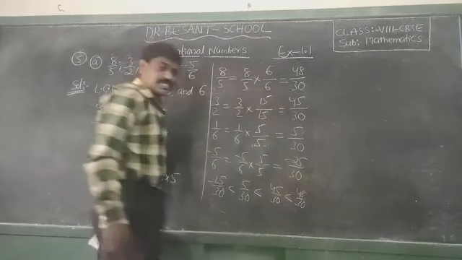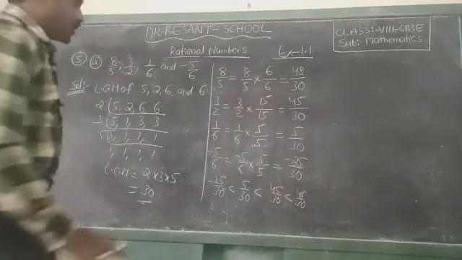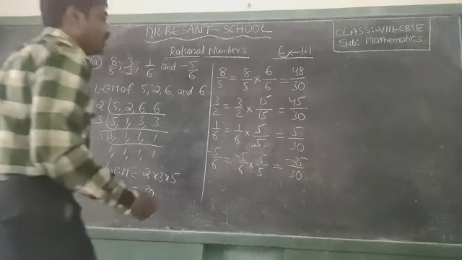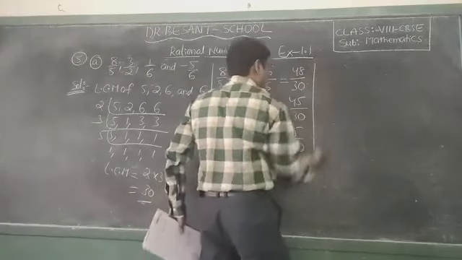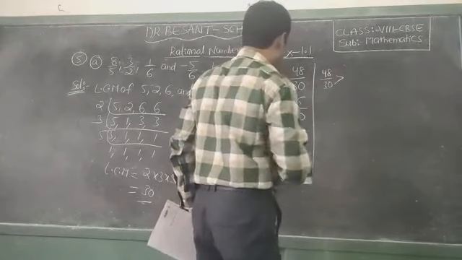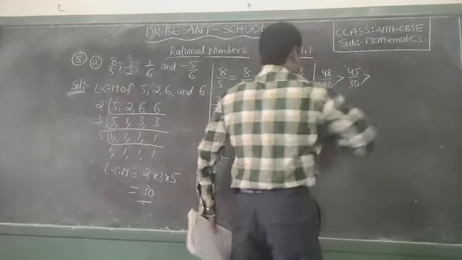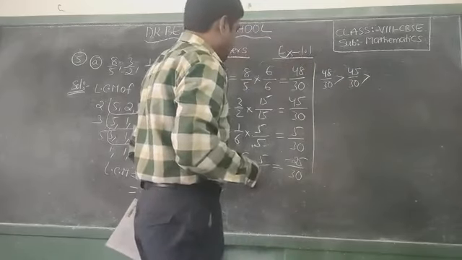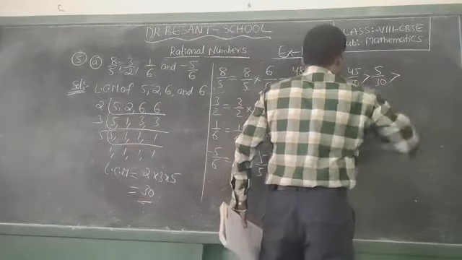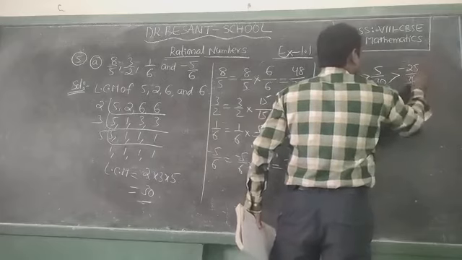Actually, this is ascending order, but we have to write it in descending order. That's why big to small. That means 48 by 30 is greater than 45 by 30, next 5 by 30, last minus 25 by 30.